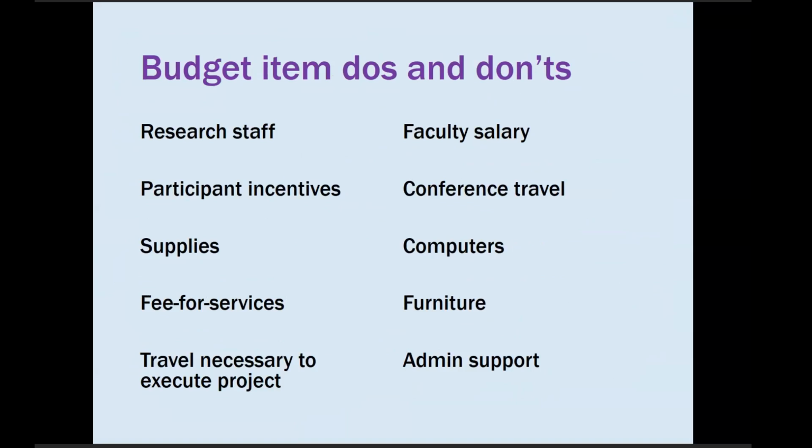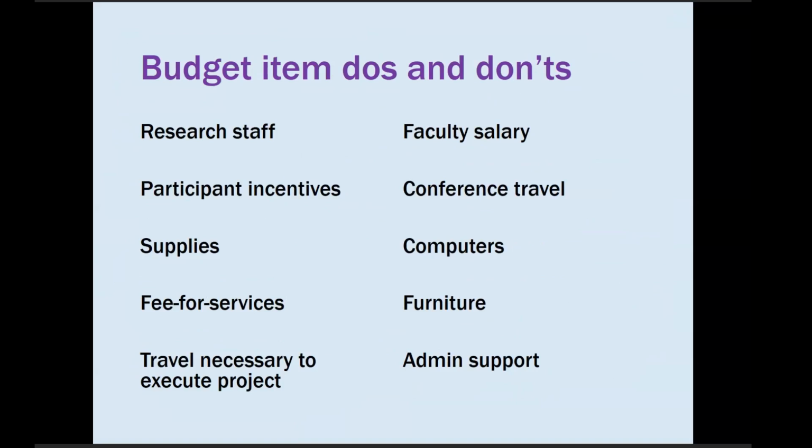So we wanted to talk a little bit about budget, and every seed grant notice will probably have specific instructions around this, but we wanted to give some general recommendations. The basic thing is that your seed grant budget should really just cover what you need to execute the project. They're usually smaller budgets, so they're not necessarily going to cover your summer salary or things like that, or co-Is.